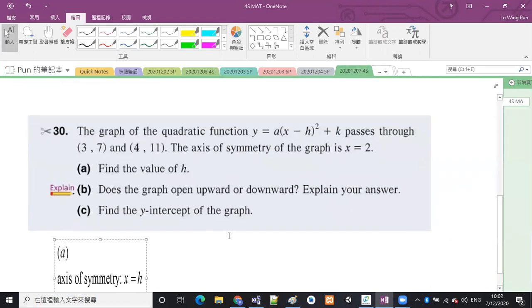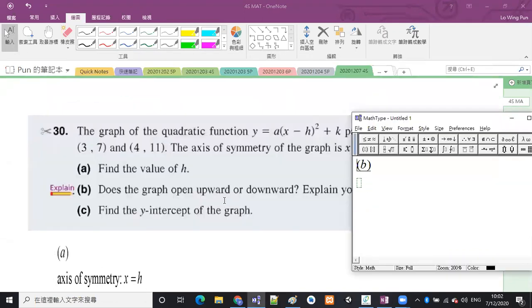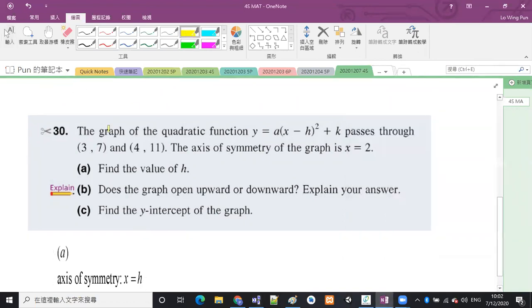So we need to find A. Y is equal to A times x minus 2 squared plus k, because h has been found to be equal to 2. And then there are two more pieces of information from the question that we have not used.